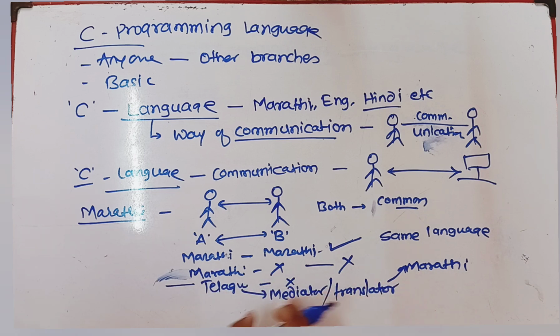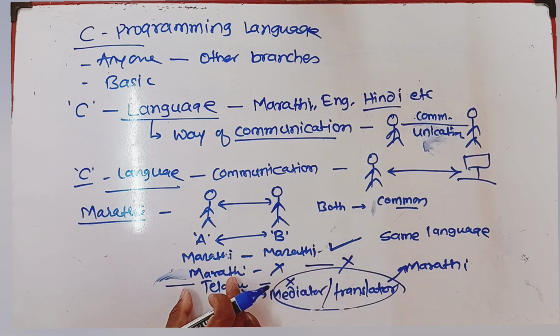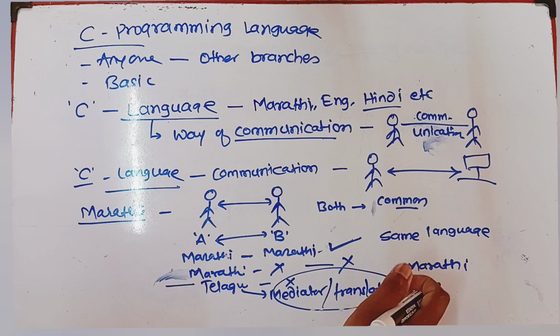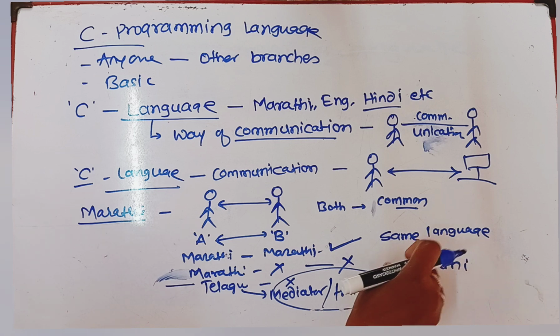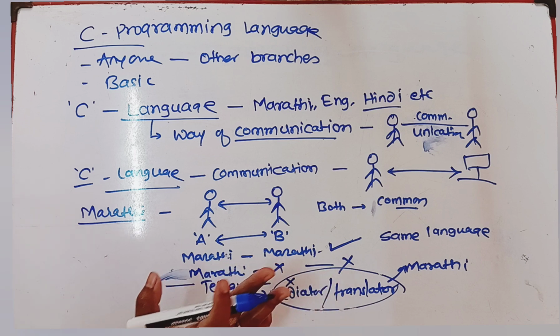Who does this conversion? The mediator, the translator. Why is a translator used? Because Telugu is not understood by person B and person A doesn't understand Marathi. So A speaks in Telugu, the translator translates it into Marathi and B understands; B speaks in Marathi, the translator translates it into Telugu, and both of them can communicate.